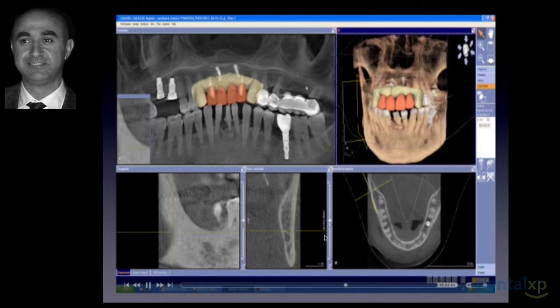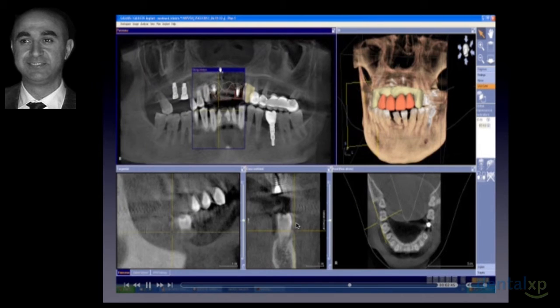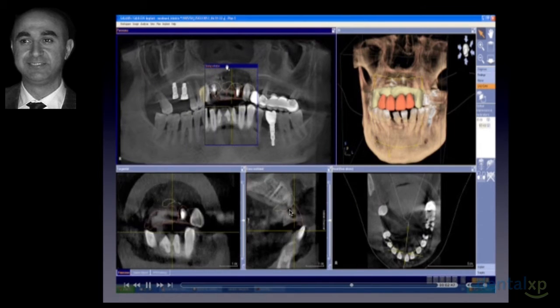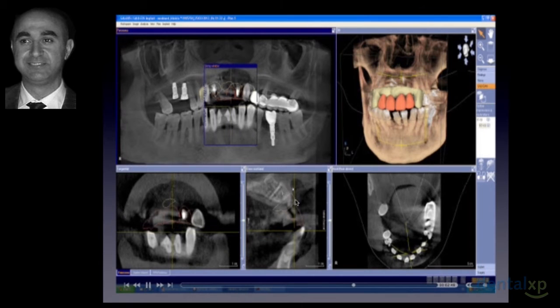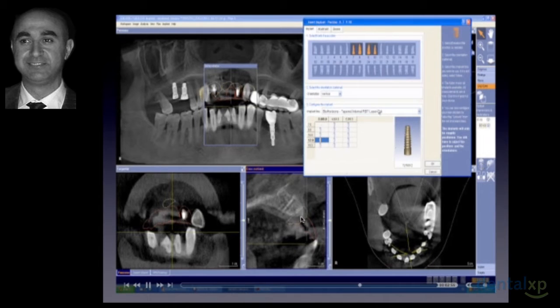Again, from the software itself, we can take a cross section and we can see the soft tissue where it is. The software already anticipates where the soft tissue is in relation to the crest of the ridge.